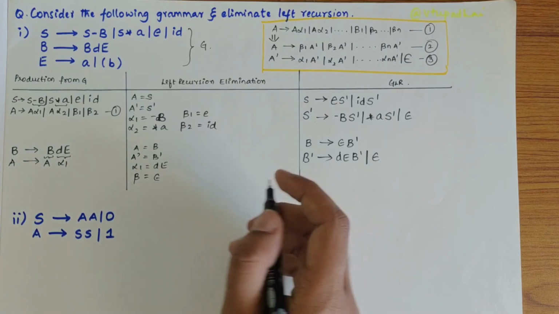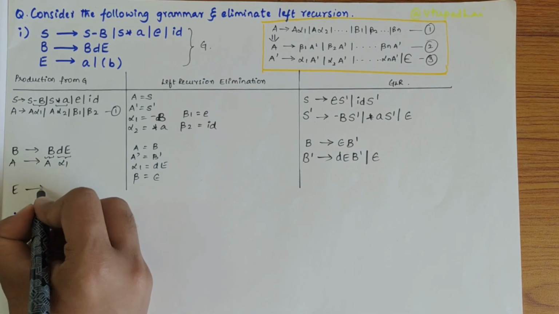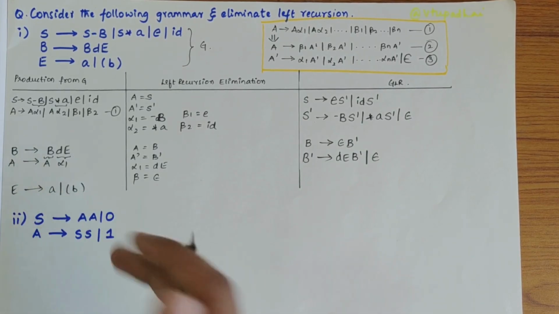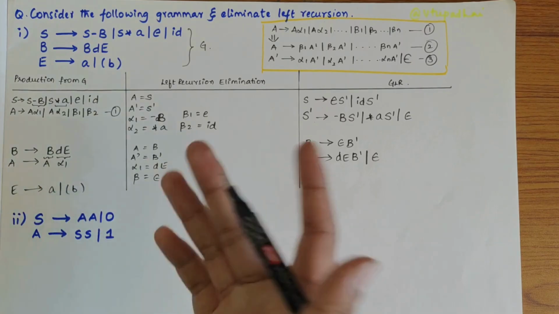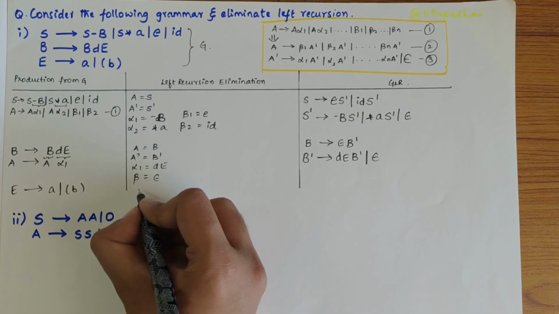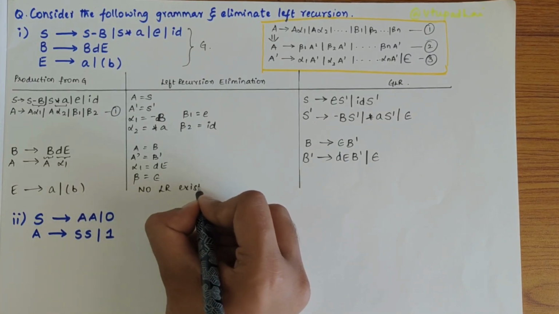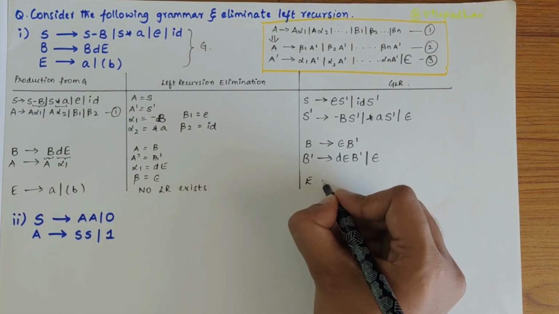Next, moving on to the last production, E derives A and B in parentheses. We can make out that A and B are terminals here, sorry. When terminals are there, no left recursion exists. So we can write the production as it is.